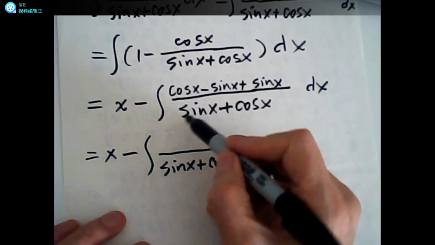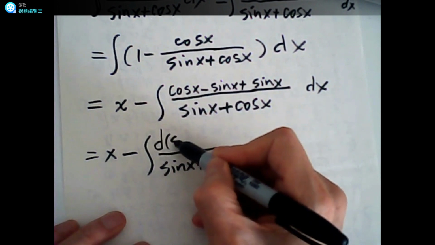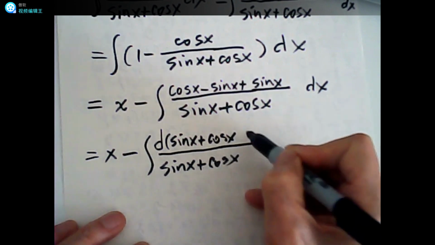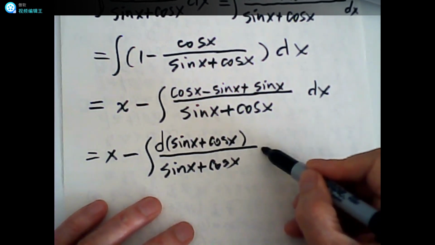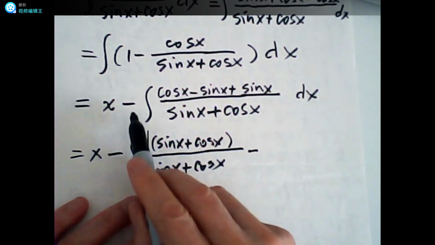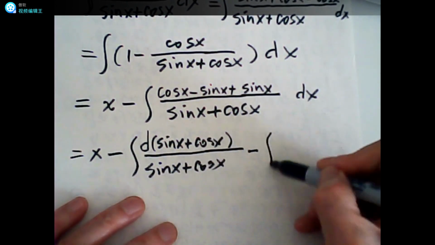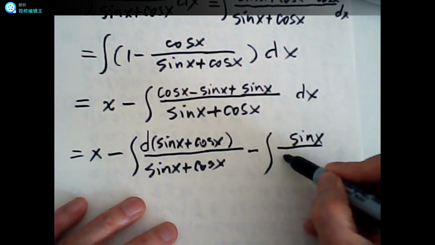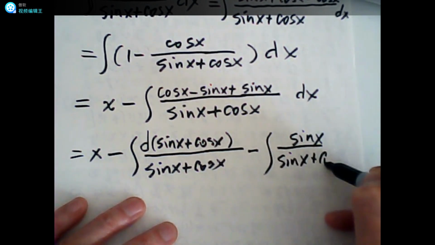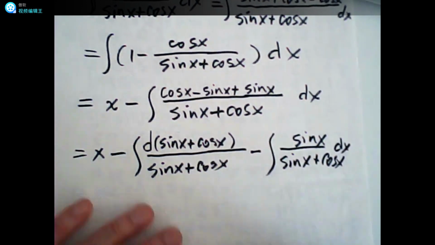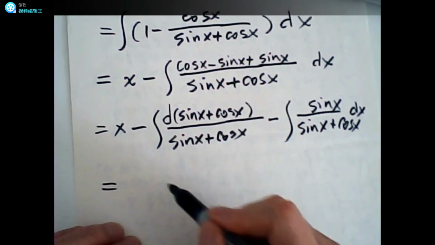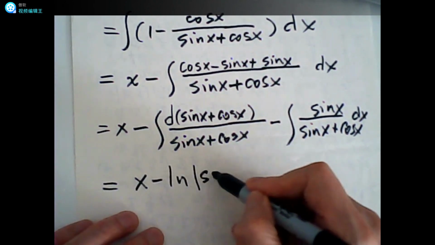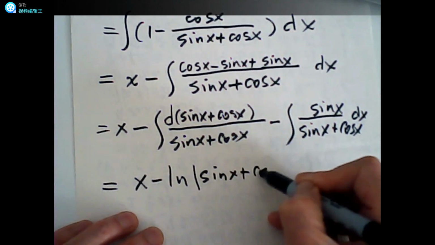And this becomes the derivative of sine x plus cosine x, negative becomes negative, right? Negative plus, because negative. This is over sine x plus cosine x dx. So this becomes log, this is natural log, sine x plus cosine x.